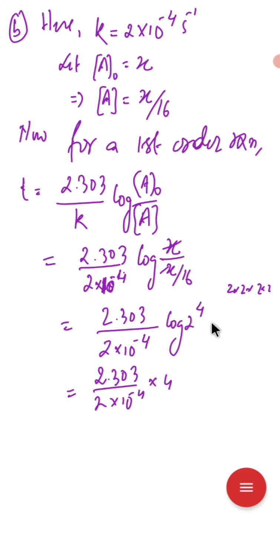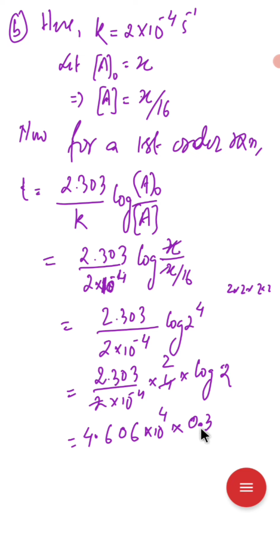This is 4, and log 2. Let me write log 2 for this line. So you can get 6 4, right, into 10 to the power 4, and log 2 value is 0.3. Let me take 0.3 only so that I can multiply without using the calculator, right?